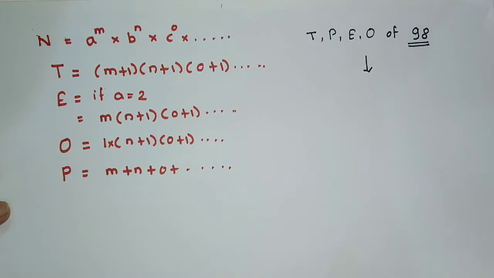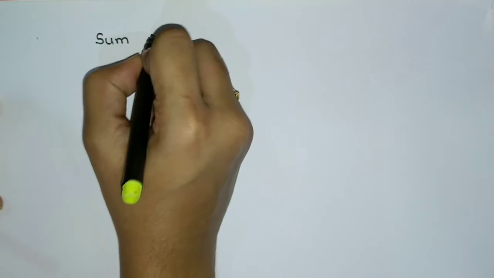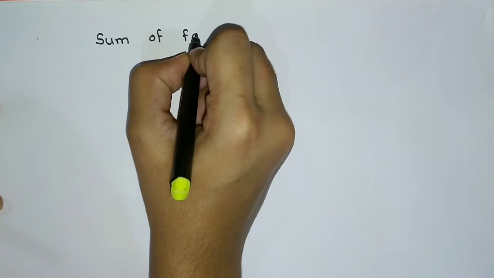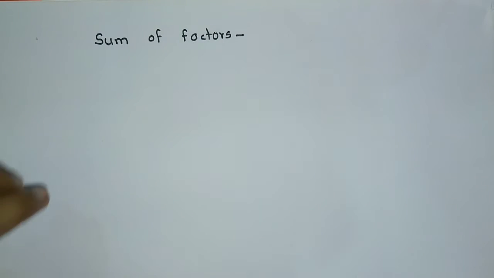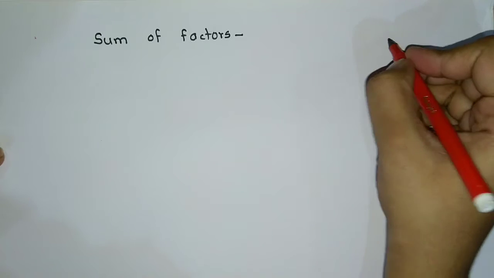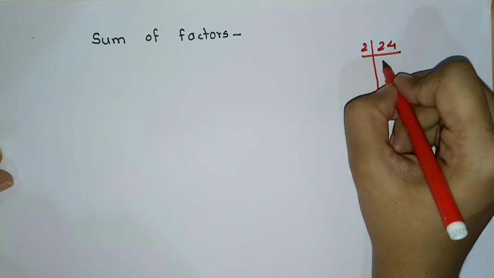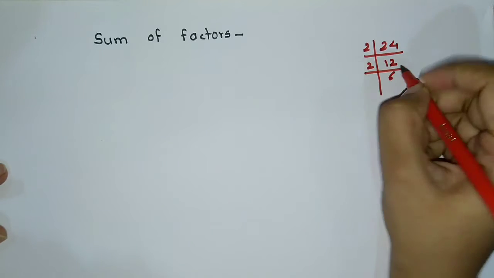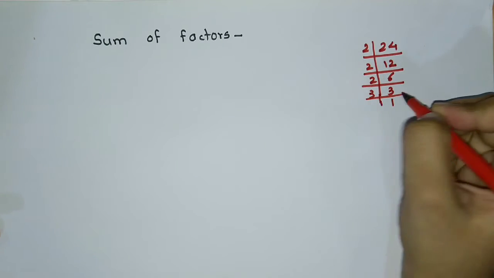Okay. Now after this there is one more concept, which is sum of factors. Okay. Now here we know for 24, 12 2s are 24, 6 2s are 12, 3 2s are 6, 3 1s are 3.